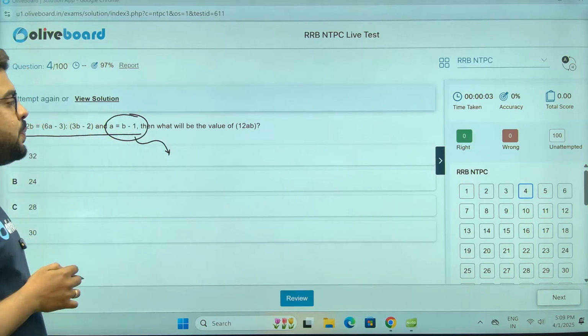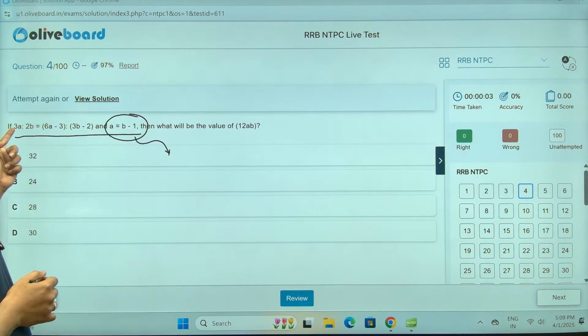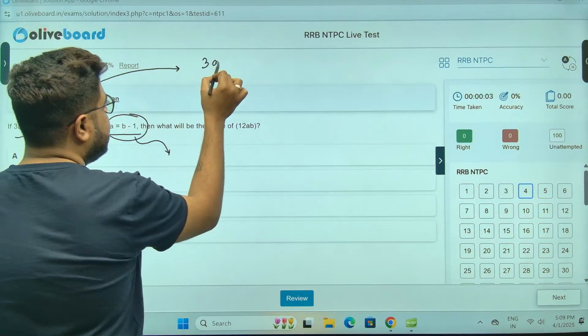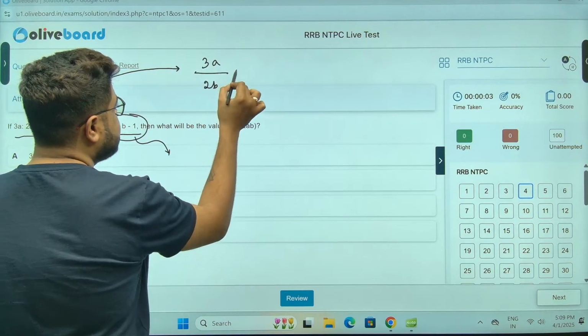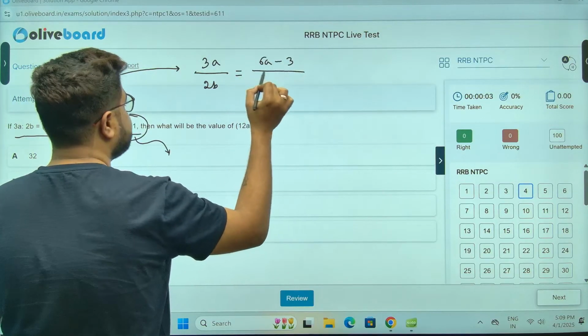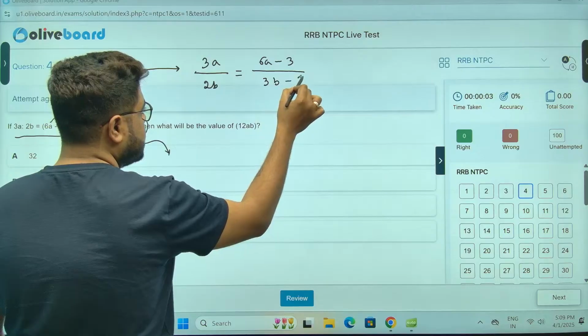A equal to B minus 1, right? So 3A divided by 2B is given as (6A minus 3) divided by (3B minus 2).